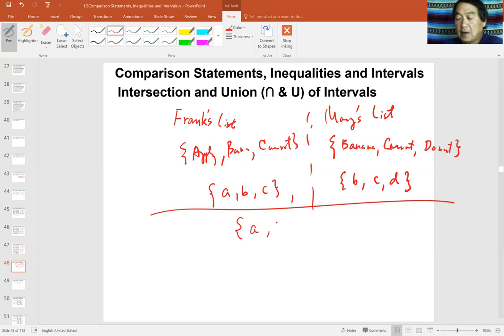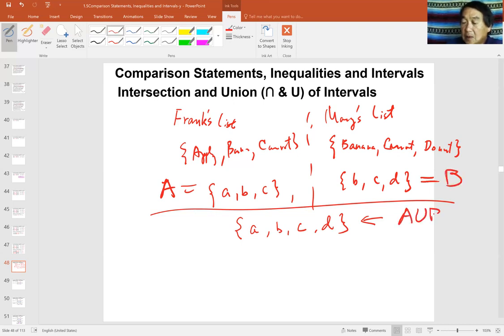Then we will have A, B, C, D. We merge the grocery lists. This is the union of the two lists. If I call this A and this B, this is A union B, the merge of the two lists.